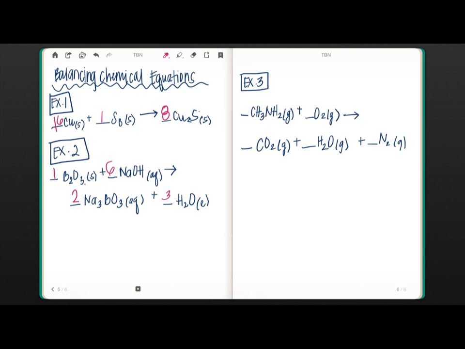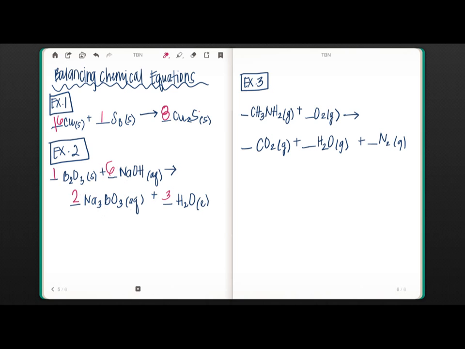So those are your coefficients. For the whole equation to balance all together, coefficients are 1, 6, 2, and 3. So let me just double check the work. You have 6 sodium, 2 times 3 is 6 sodium.